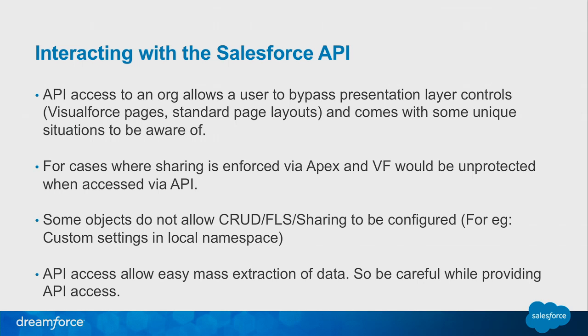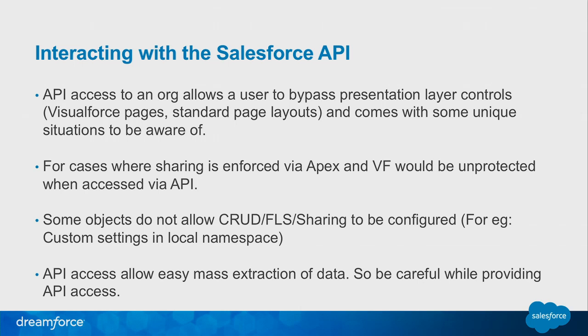Anything that you're limiting via, oh, you don't have access to this Visualforce page so you should never be able to see this, that goes down the drain, because now I can just directly query the API to get that information. And cases where sharing is enforced via Apex and Visualforce would be unprotected when accessed via an API. So make sure you understand who you're giving API access to and that the user actually needs it.